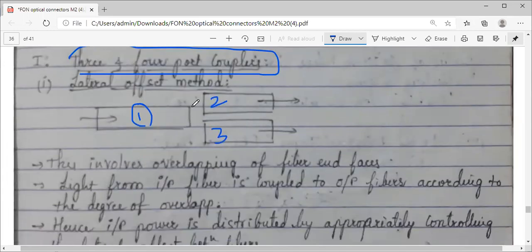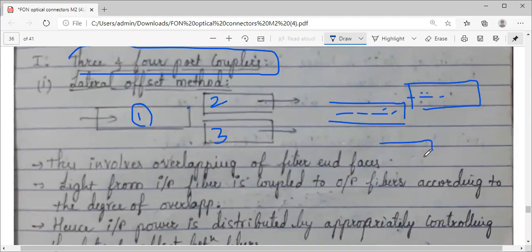So what is happening here? We have already seen lateral misalignment, where the cores are misaligned. You can see the axis is different for both. Otherwise, the joints ideally should be like this, with both core axes in line, but here it is not happening.